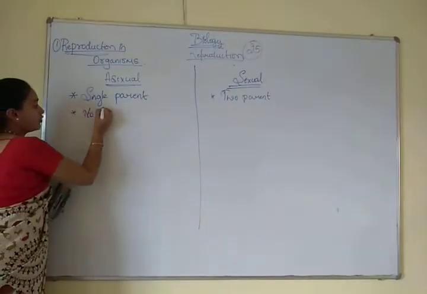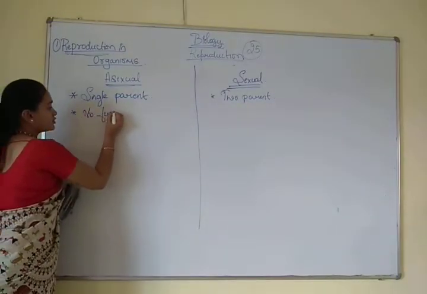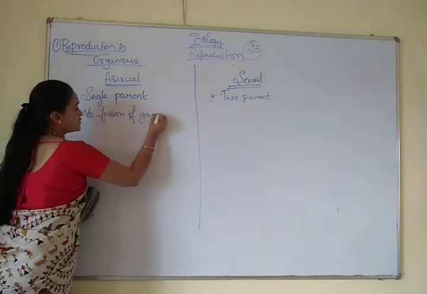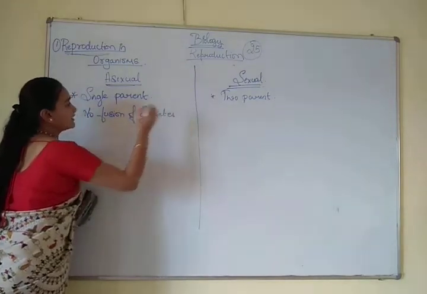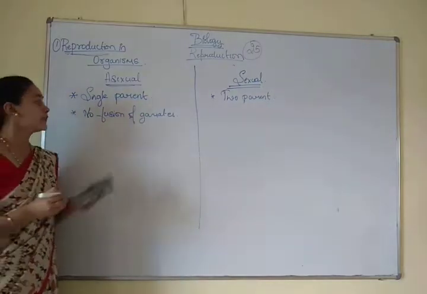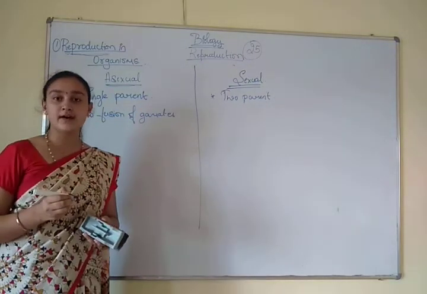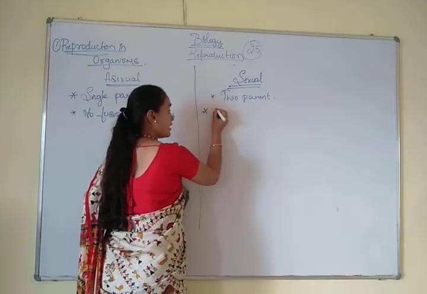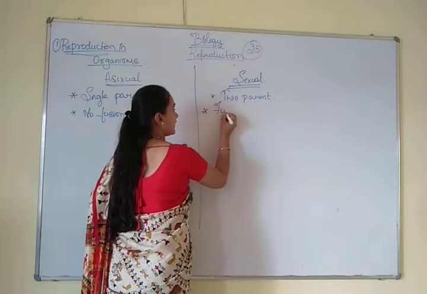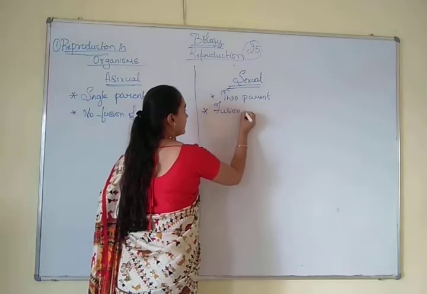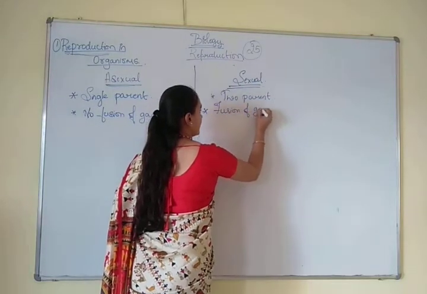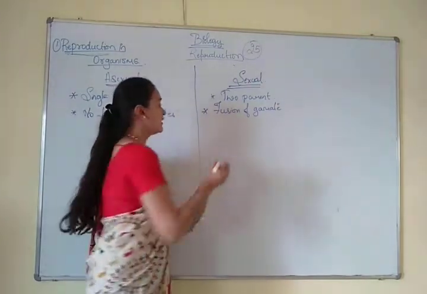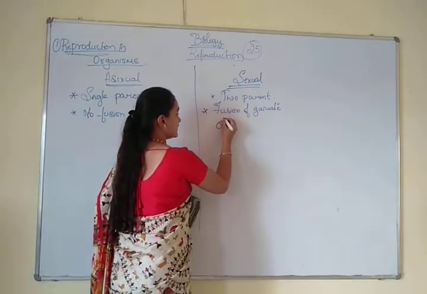So gametes do not fuse together. There is no fusion of gametes. But in sexual reproduction, there is a fusion of gametes. There are male gametes and female gametes, represented in this form.